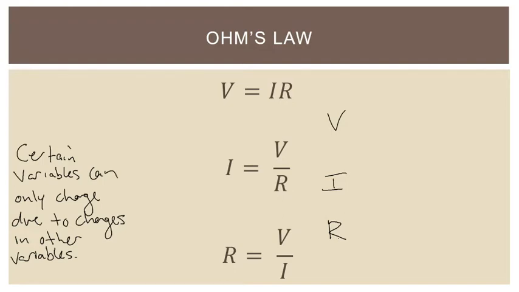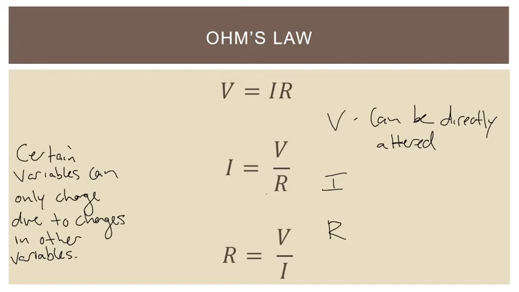And so the first thing we can say is that the voltage in a circuit can be directly altered. In many cases, when you're doing in physics a circuits experiment, you will have a power supply with a voltage knob on it. And so you can just turn the knob and alter the amount of voltage.